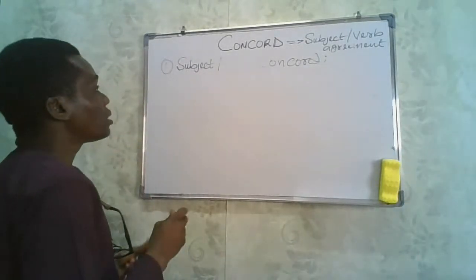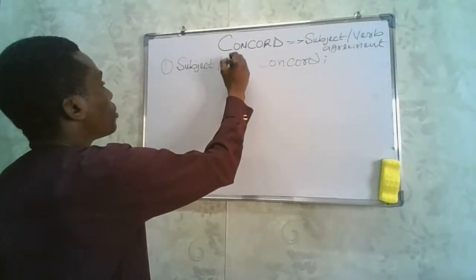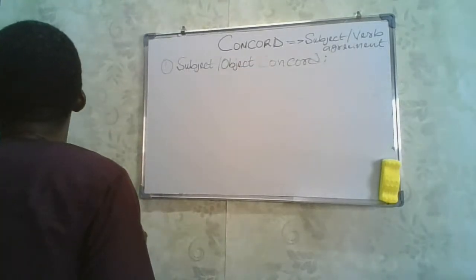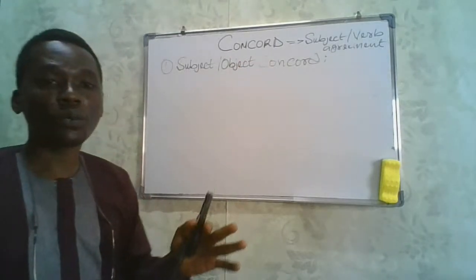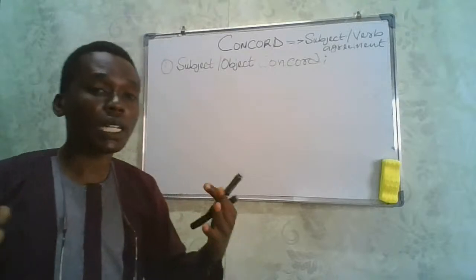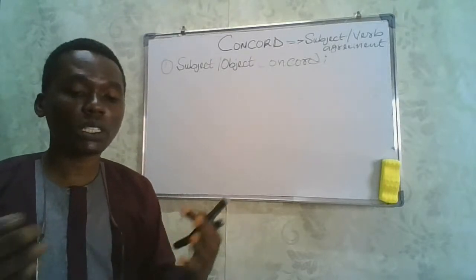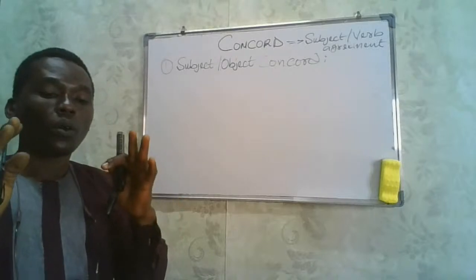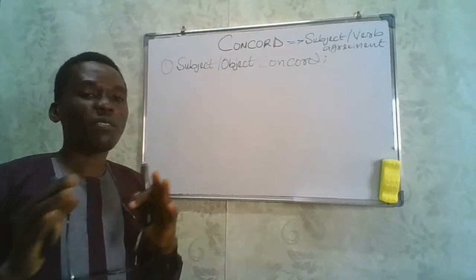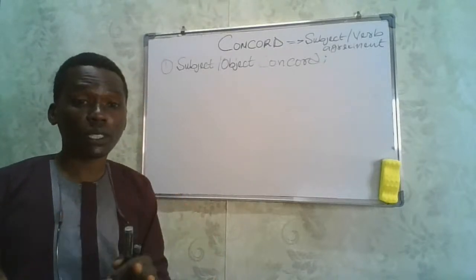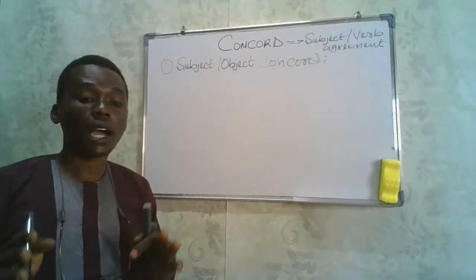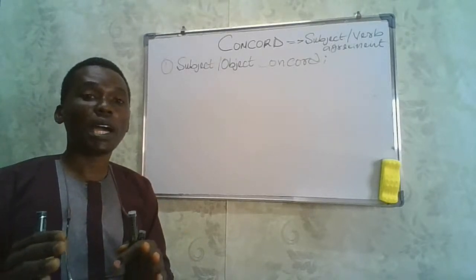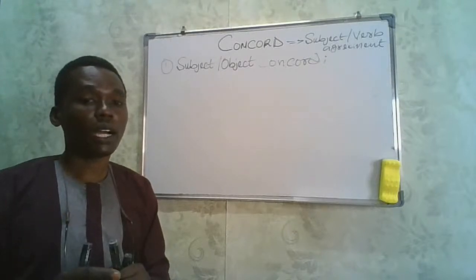Now the rule is this: when subjects like everyone, everybody, etc. are used, the object will be either his or her and not there.